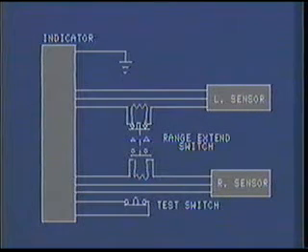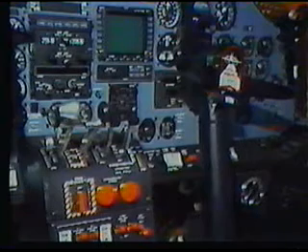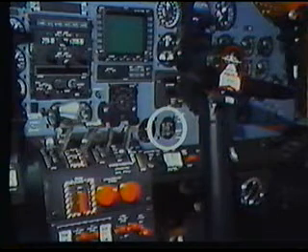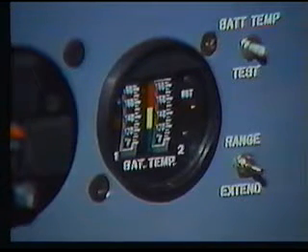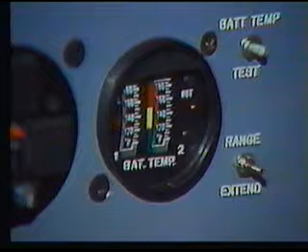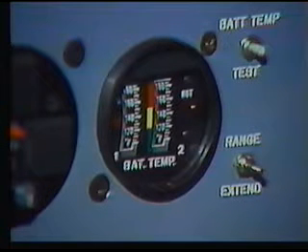The battery temperature circuit is installed to warn the pilot of an impending battery thermal runaway. Hot batteries do not always indicate thermal runaway, but a thermal runaway will always generate heat. A temperature indicator installed in the cockpit provides a reading in degrees Fahrenheit for each battery, and warning lights that are triggered by either battery.